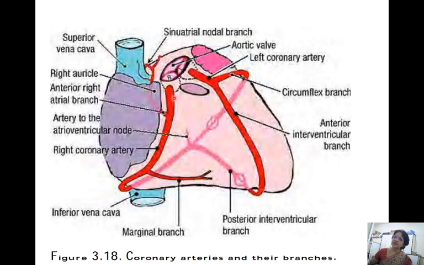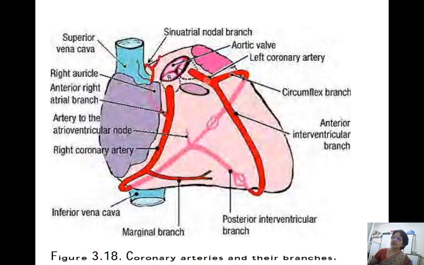It gives the AV node branch. From here, I should get an SA node branch. Don't forget this is the beginning of it. It goes off behind the auricle, going to the SA node somewhere behind. At this right margin, it turns behind, and then the AV node. You don't miss this one, don't miss this one, and the third and fourth names.